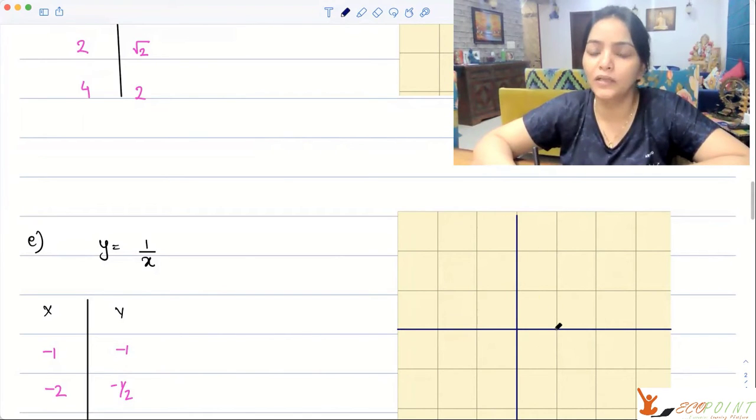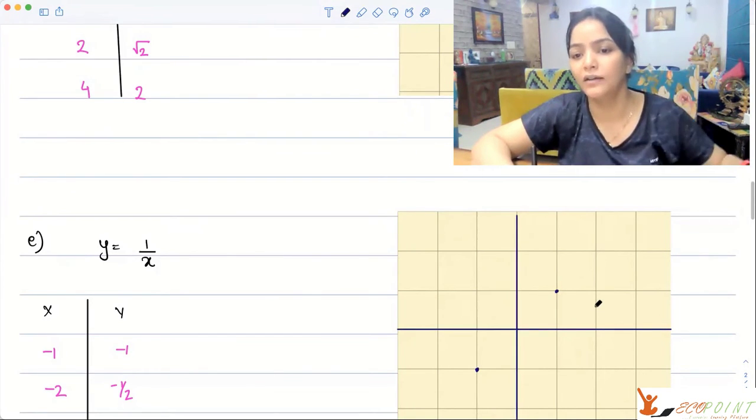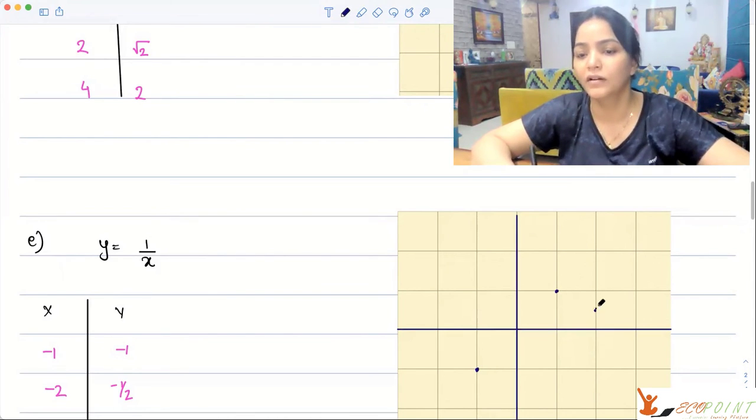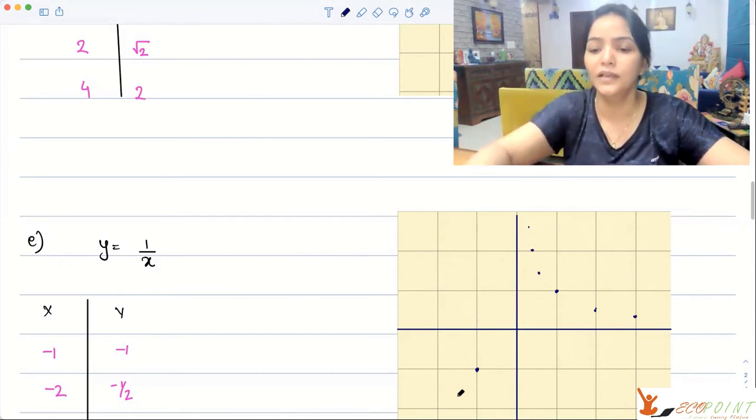At 1, you get 1. At -1, you get -1. At 2, you get half. Then 1 by 3, and so on and so forth. And here, you'll be getting it increasing towards infinity.